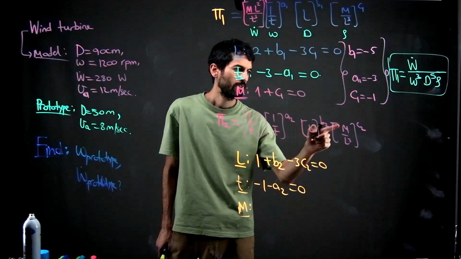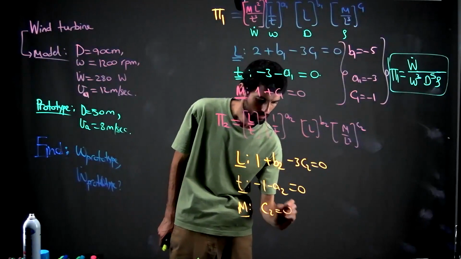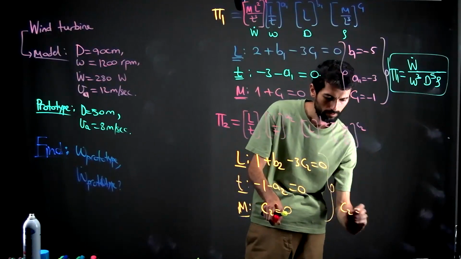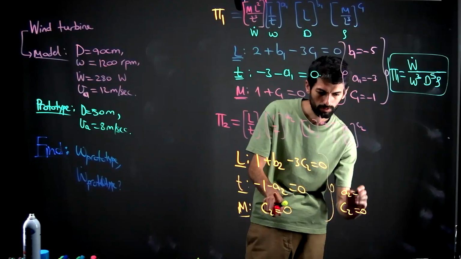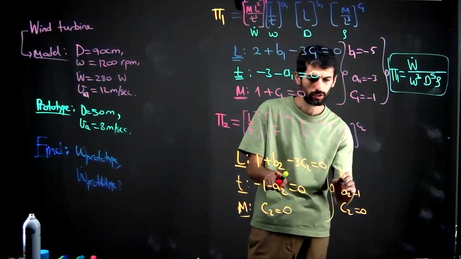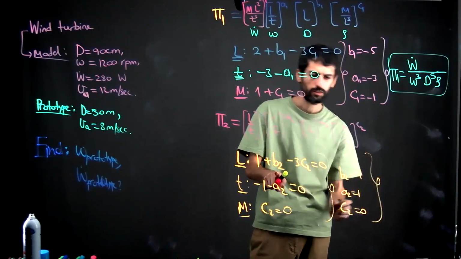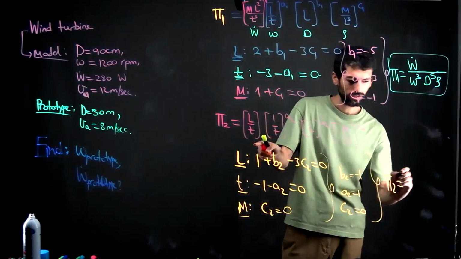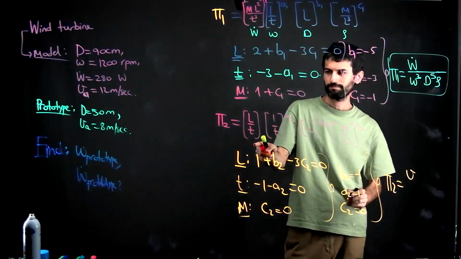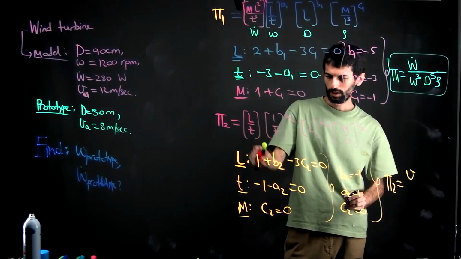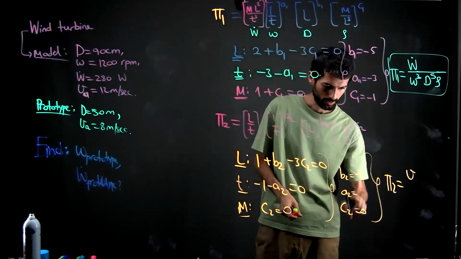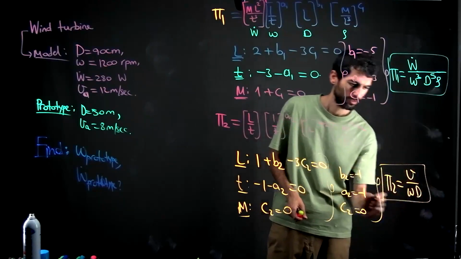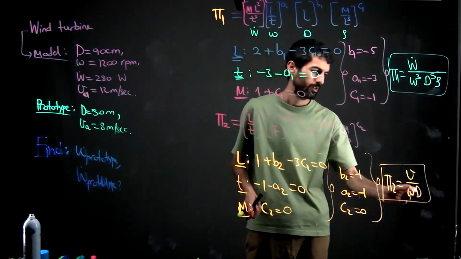And then the mass is c2 only, which is 0. Okay, from here it follows that c2 is 0, a2 is 1, and then 0, and b2 is -1. Then pi2 becomes the velocity times, so sorry, a2 is -1, so a2 should be -1, so velocity by omega into the diameter, okay, which is the omega r.